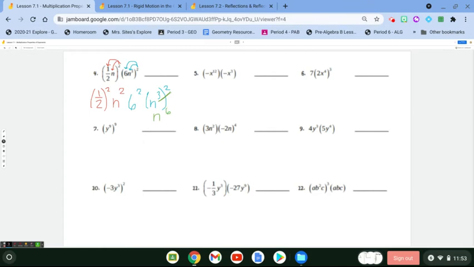And then let's see here. I'm going to drop down everything else. I'm going to write that as 1/2 to the 2nd, n to the 2nd, and then I have 6 to the 2nd. All right, in terms of things that are the same, I have n to the 2nd and n to the 6th. So that means I'm going to combine them now for a total of n to the 8th power.